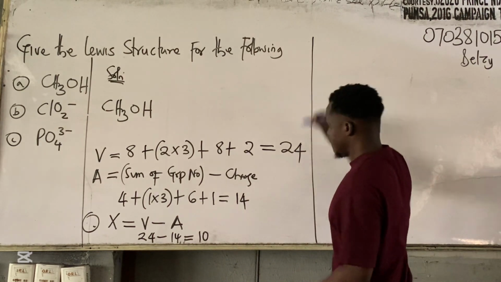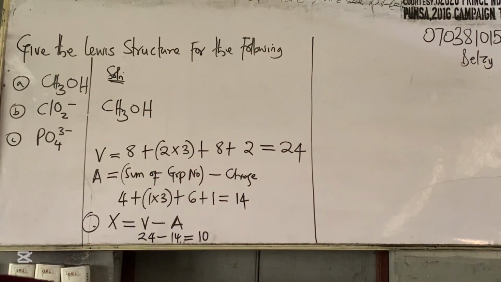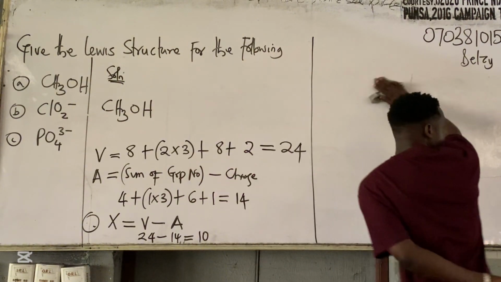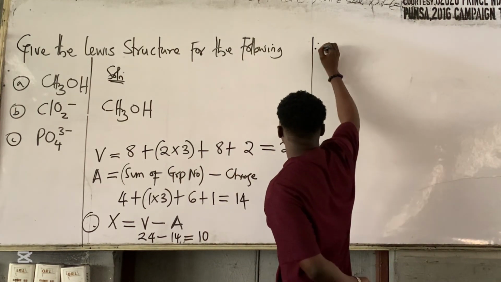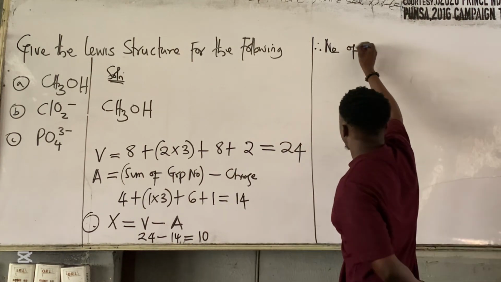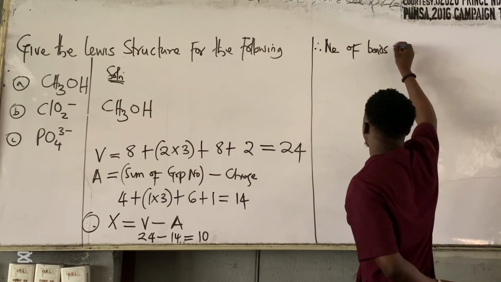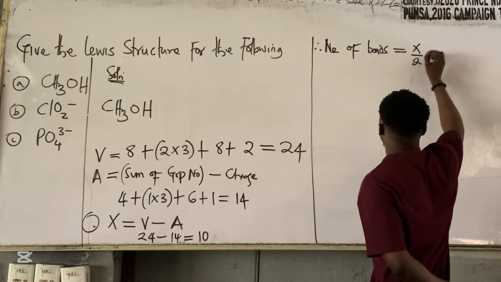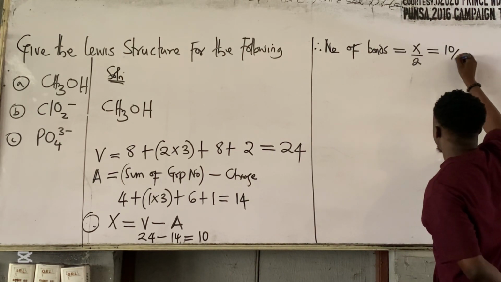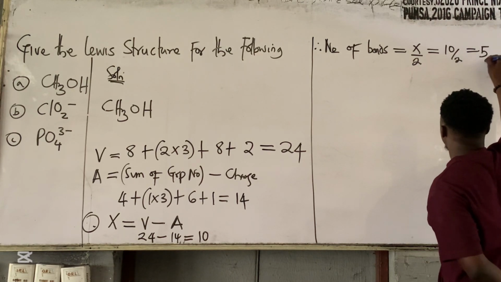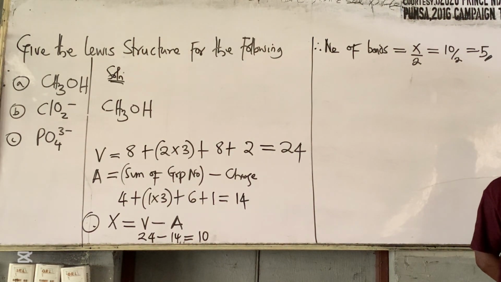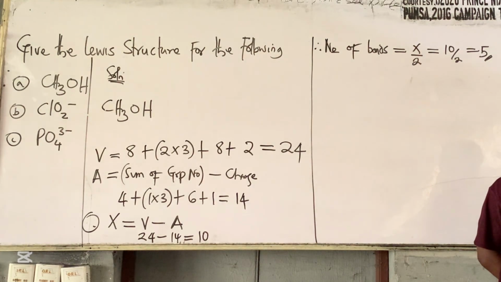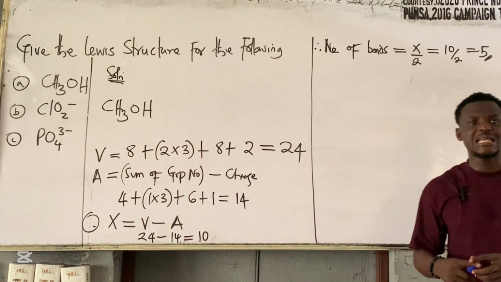I will now say number of bonds is equal to what? 5. The next thing we are going to do now is to actually get a skeletal structure, class.